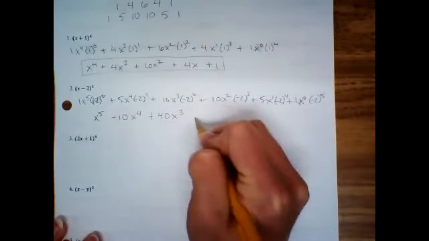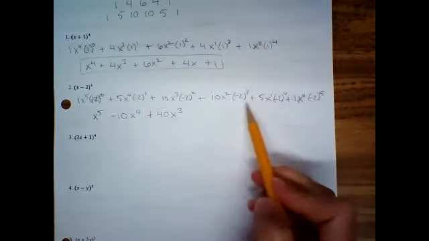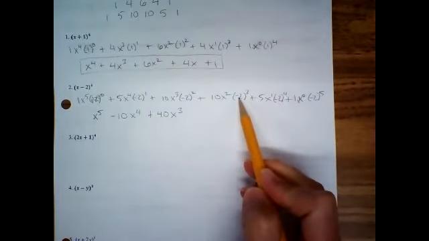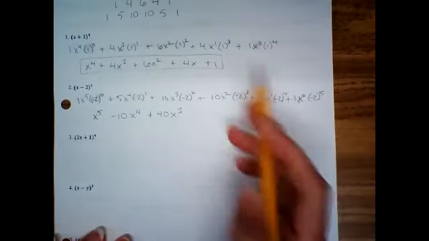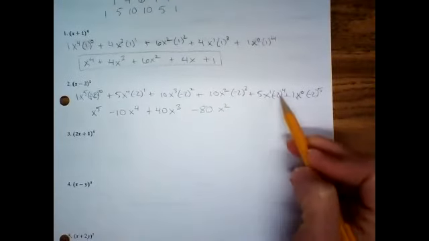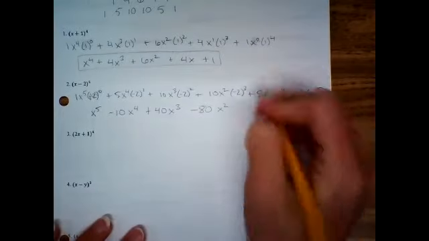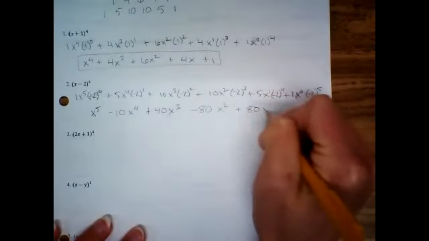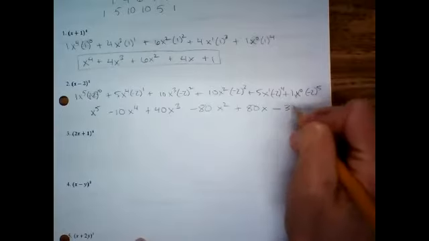So 40x to the 3rd. -2 cubed, what is that going to give us? Not 8, but -8. Good, that'll be -8 times 10 will be -80, x to the 2nd. -2 to the 4th, that'll be 16 times 5 is 80. So 80x minus -2 to the 5th will be 32.